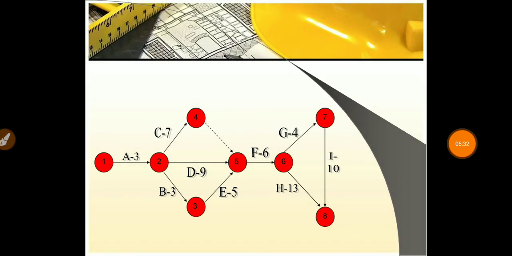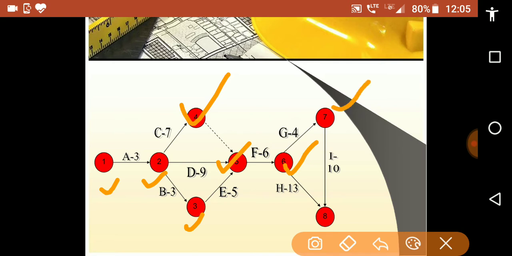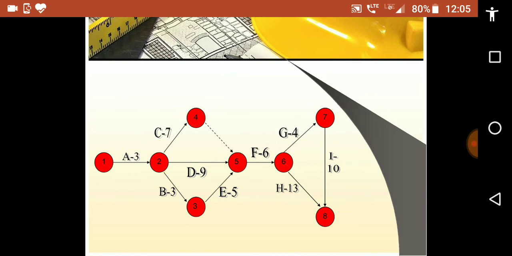Now this is the network diagram. This is node 1, 2, 3, 4, 5, 6, 7, 8. Now A3, C7, B3, D9, E5, F6, G4, H13 and I10. So this is your overall network diagram.